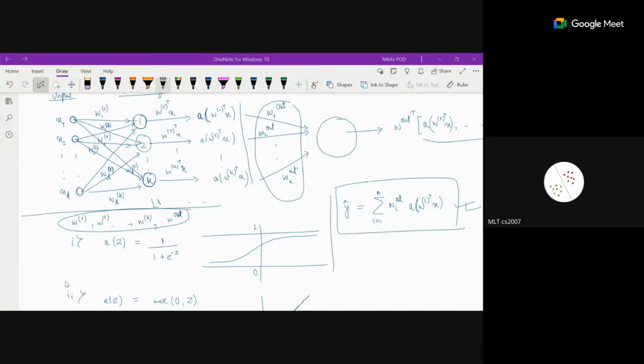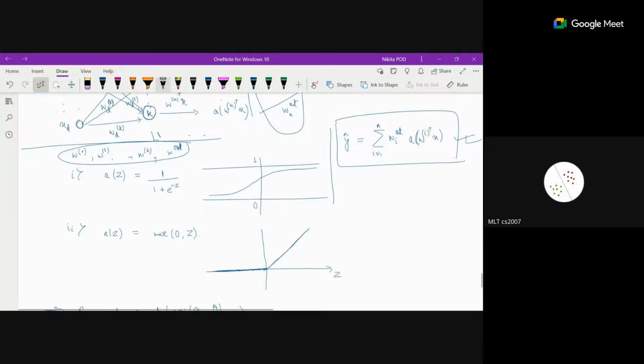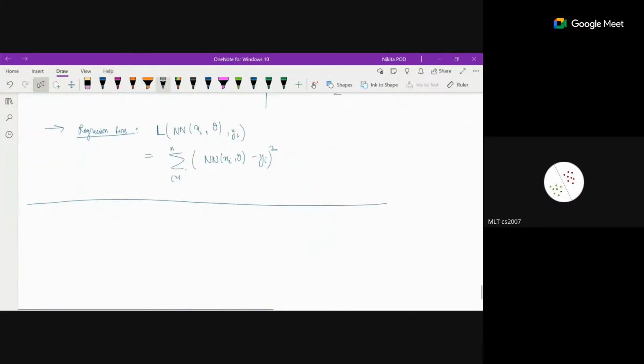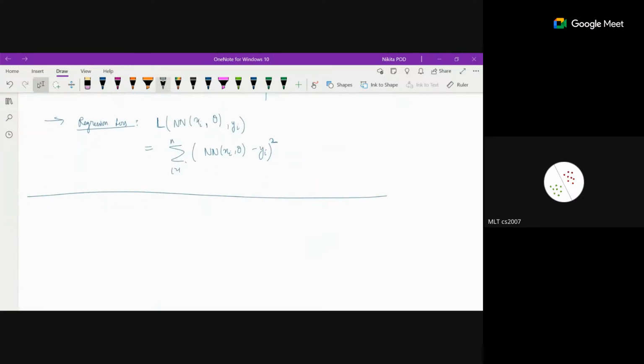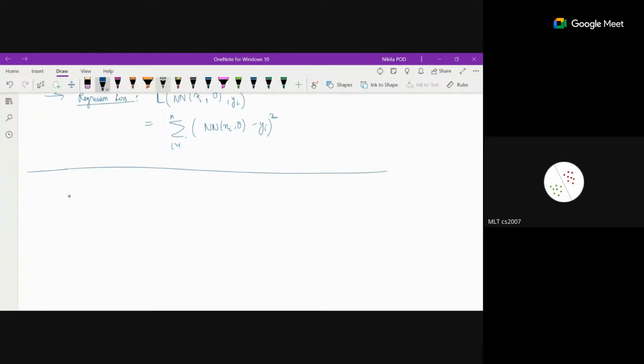So what we saw is when we are solving the regression problem, but if we are looking at the classification loss, then the only thing that will change is, everything else, the whole setup, is the same.